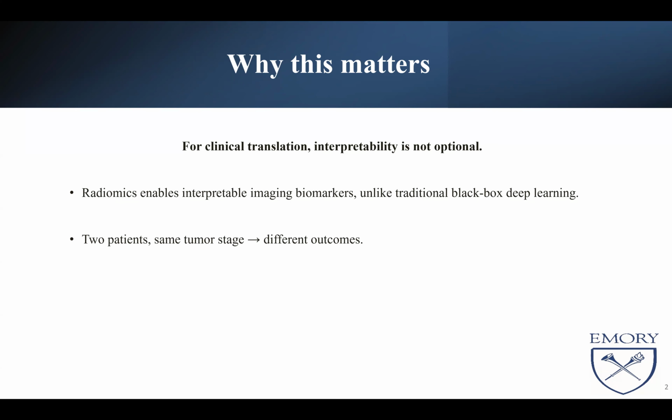Now, you can have two patients with a diagnosis of lung cancer, maybe non-small cell lung cancer, for example. These two patients have the same type of cancer and you give them the same type of treatment, but at the end of the day, one of them responds to the treatment and the other does not. So the question is, why is one person responding to treatment and another is not, whereas they are receiving the same type of treatment?